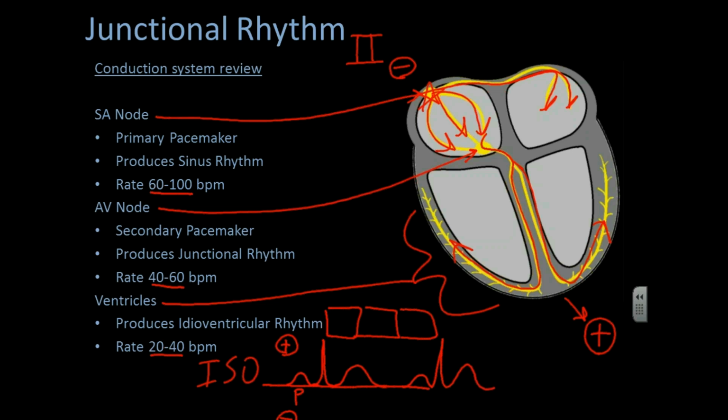Each large box represents 0.20 seconds. And within each large box are five small boxes moving horizontally and vertically. Horizontally, of course, all these are measurements of time.